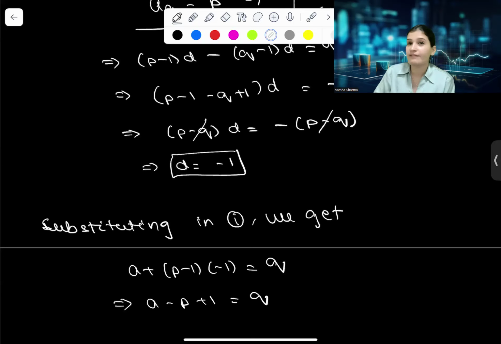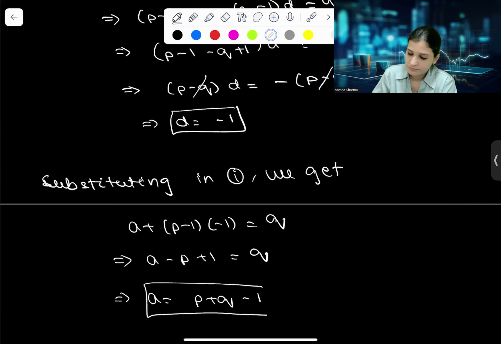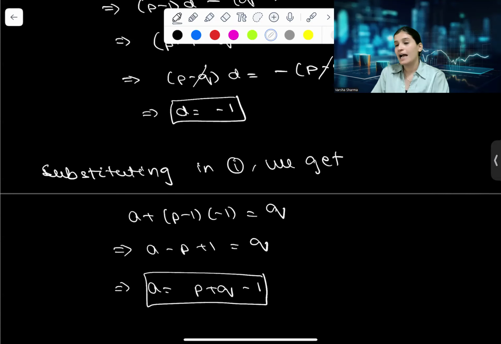From here, we want to find the value of a. a = p + q - 1. Understood? So we have a, we have d. As soon as we have that, 90%, 95% of the sum is done. Now we only need to substitute the values.